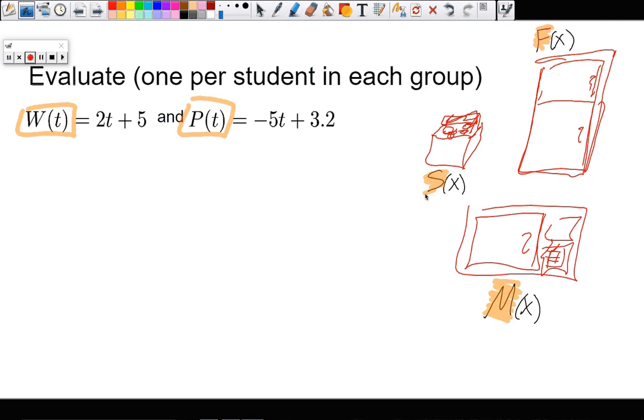What I want you to understand is you will put something into this refrigerator. That's your x input value. You will put something into the stove and you will put something into the microwave. What it spits out is the result.